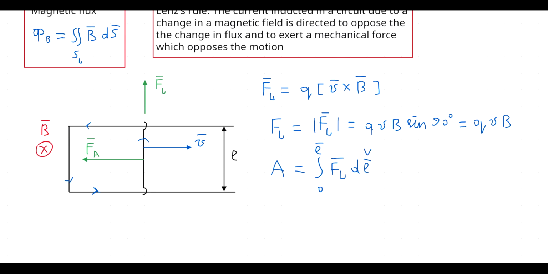And as we know, the element dl has the same direction as FL. So we can rewrite this integral without vectors.